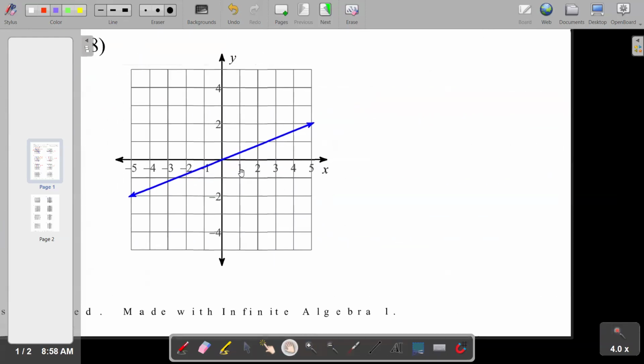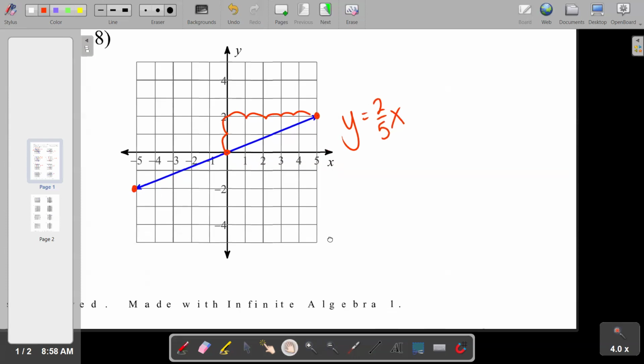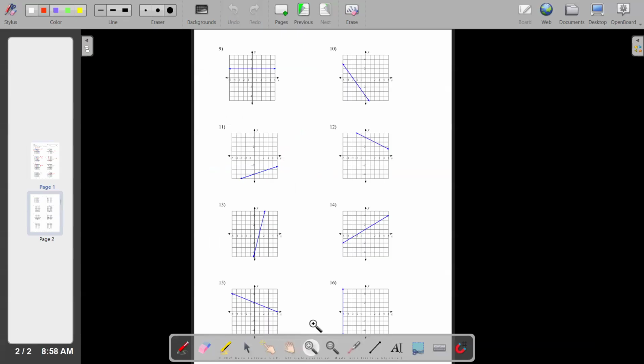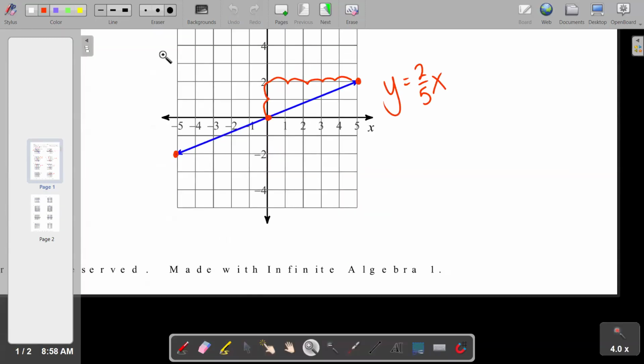Next one, number 8. What's the slope? Lattice points are here, here, and here, right? What is that slope? 1, 2, 1, 2, 3, 4, 5. And where does it cross the y-axis? At 0. Right? If you have to reduce, that just means you picked points that were too far away from each other, which is a really good question, Seth.